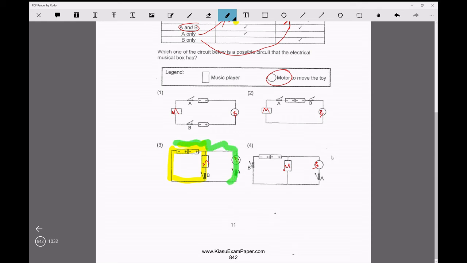The other one also has a closed circuit, right? So you can control them individually, or when you close those switches together, they'll both work. So that's why it's number 3.